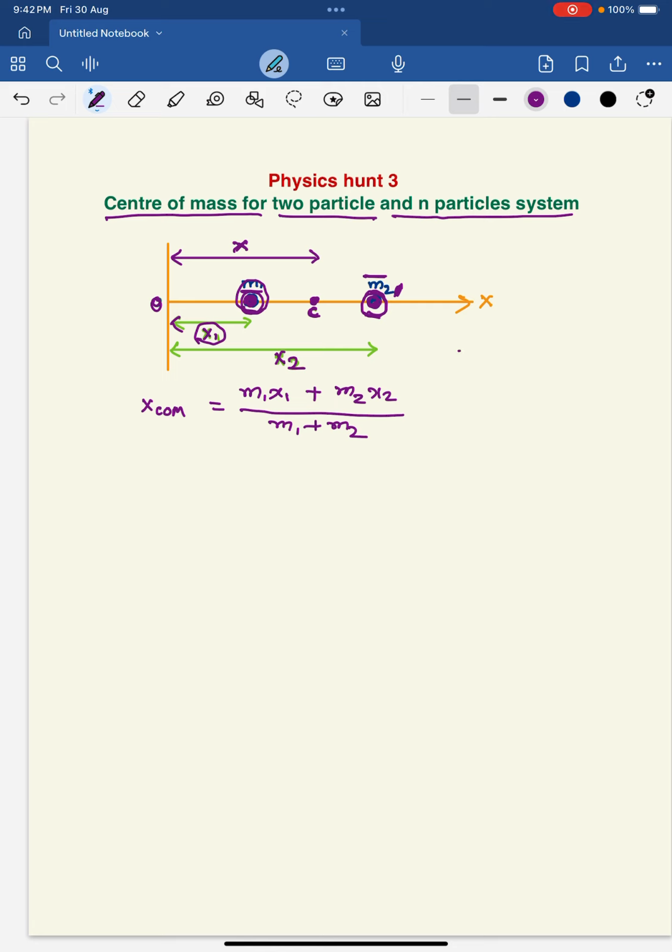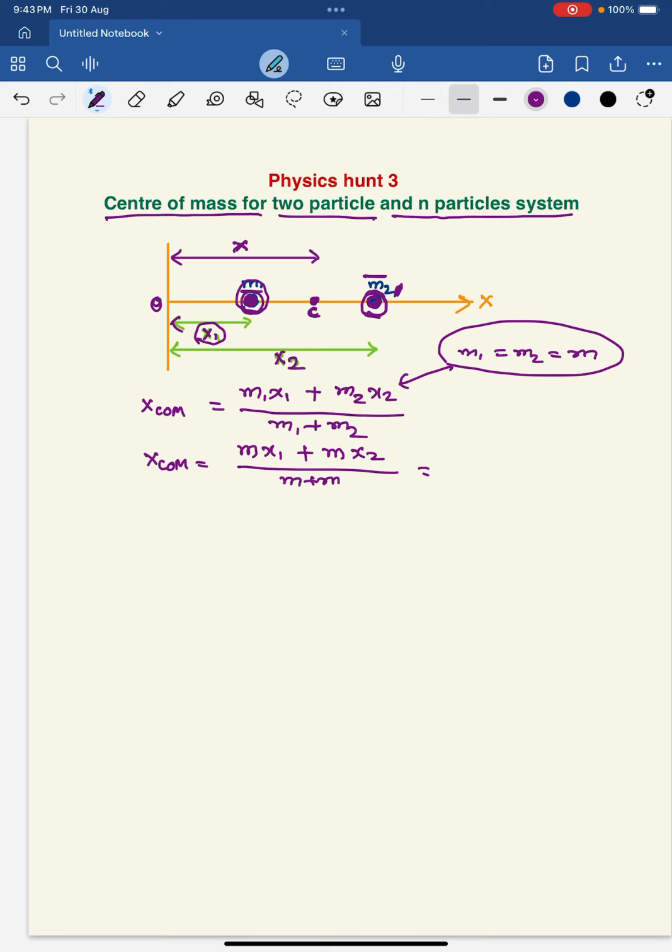Suppose the mass of the first particle m1 equals m2 equals m, which means both particle masses are the same. Substituting this condition: x center of mass equals m x1 plus m x2, divided by m plus m.